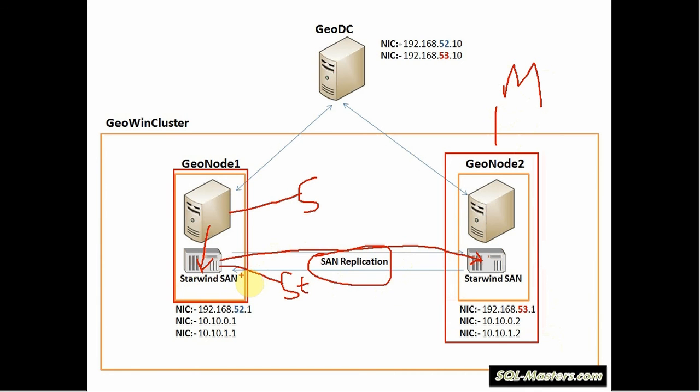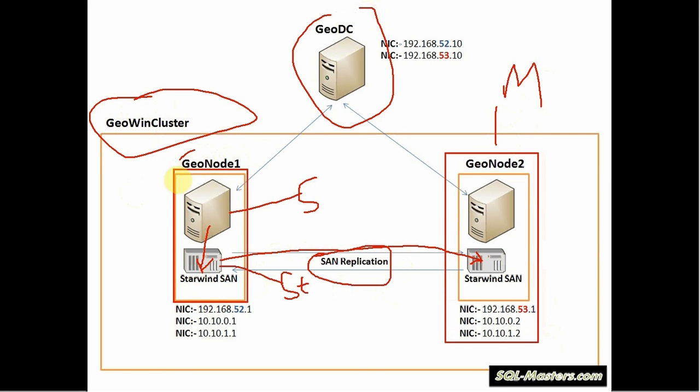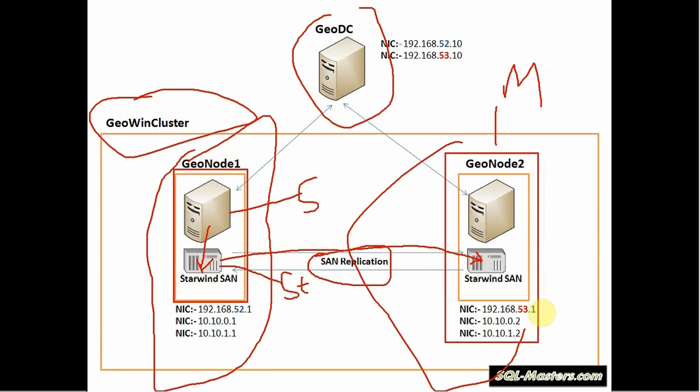Once again, to wrap up things, we have GODC, we have nodes added to Windows cluster, then we have GeoNode 1 and GeoNode 2. This box is working as the box for the SQL Server services as well as the storage, and same applies for this one.